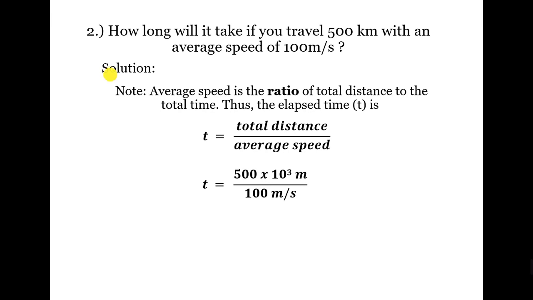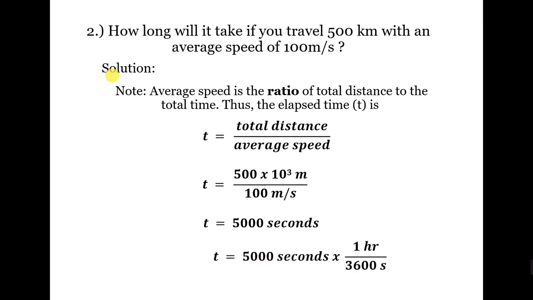Now substitute the value of total distance, which is equal to 500,000 meters, with an average speed of 100 meters per second. Then the result is equal to 5,000 seconds. Now if you try to convert seconds to hours, this could be written like this. 5,000 seconds multiplied by this factor represents the conversion of seconds into hours, which is equal to 3,600 seconds in every 1 hour.